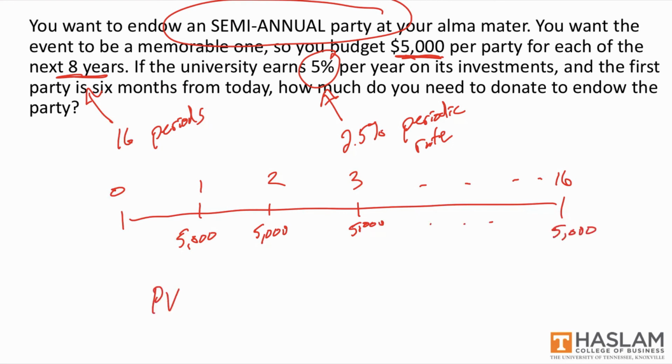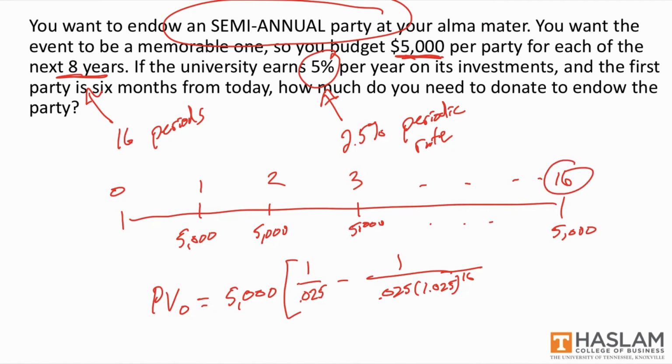And then to calculate the present value, we're going to take the new payment and run 2.5% as the periodic rate through the annuity factor instead. And our exponent down here is a 16 instead of an 8 because we've got 16 semi-annual periods.